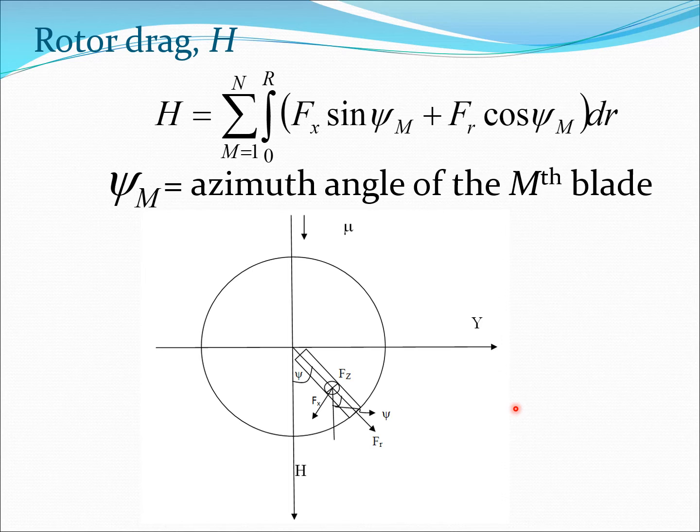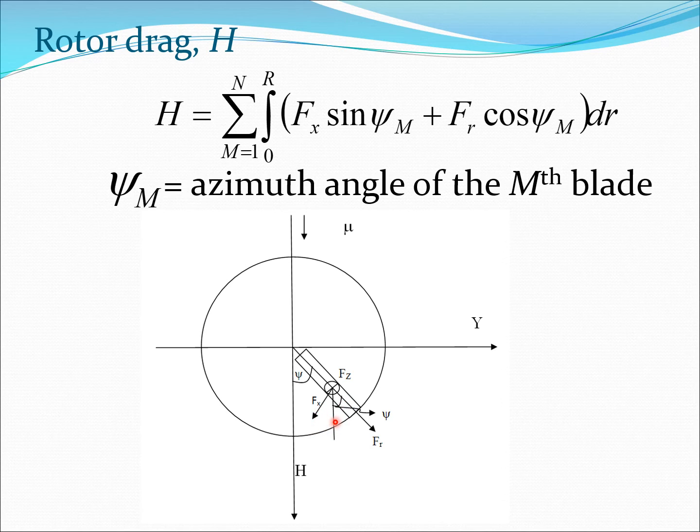So now we turn to the rotor drag, which is H, which is in this direction. Here we now need to resolve these forces. If you see here, H would have two components. There would be a component coming from Fx and a component coming from Fr, because Fz is vertical. That's not in the plane of H. If we resolve these components, we have to multiply Fx by sine of psi, because psi is this angle.